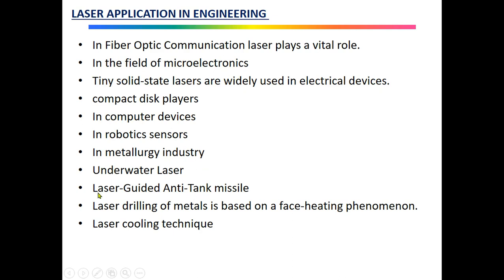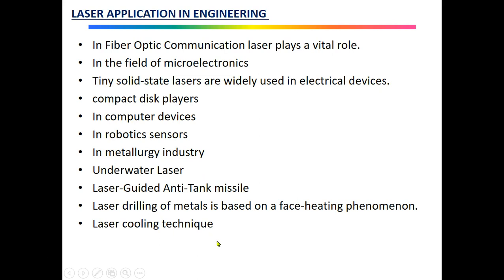So using the directional property of the laser, we can use it in anti-tank missiles also. In heating processes, laser can be used for selective surface hardening against wear with little or no distortion of the component. Laser can also be used in cooling technology. So the ultimate meaning here is that laser finds application in all engineering branches, subject to what we want with this laser.